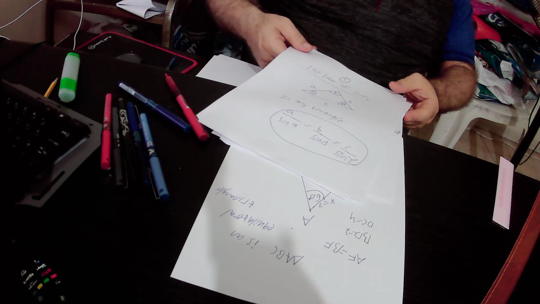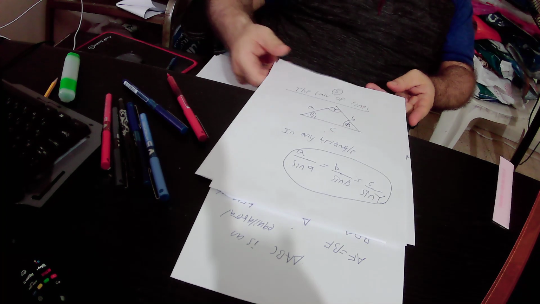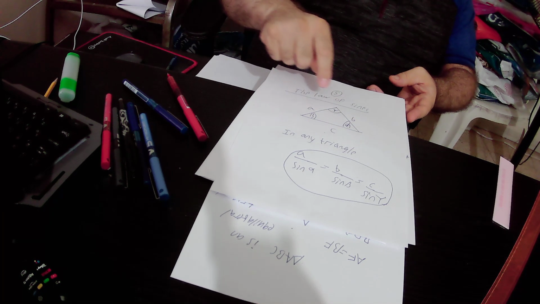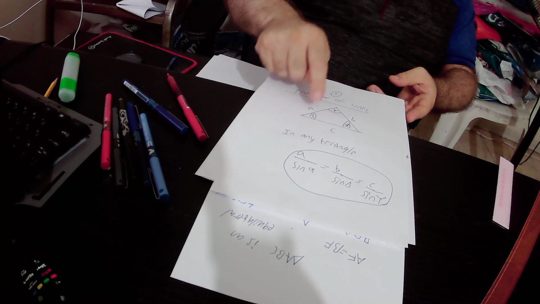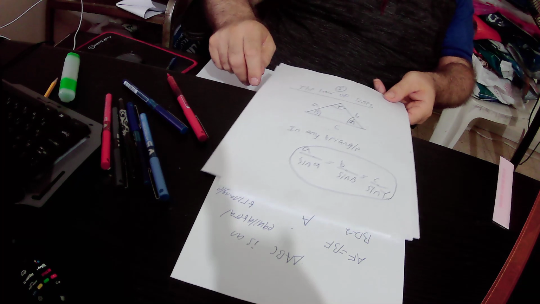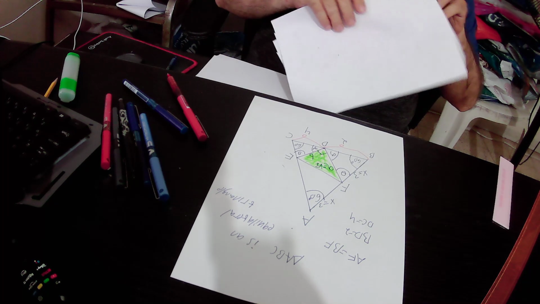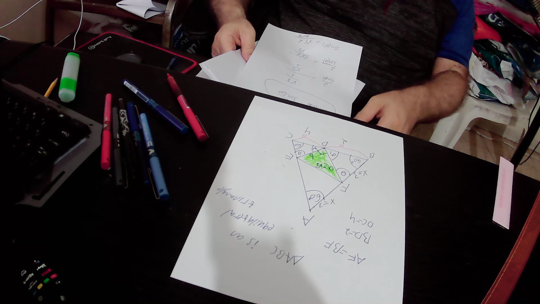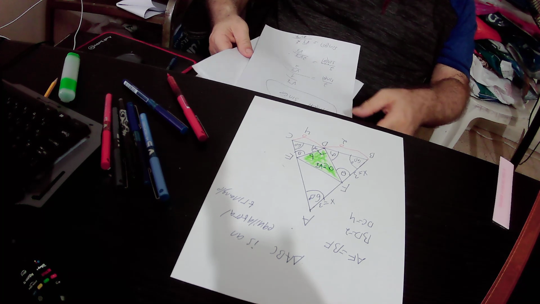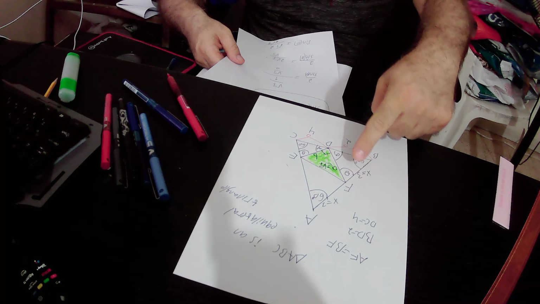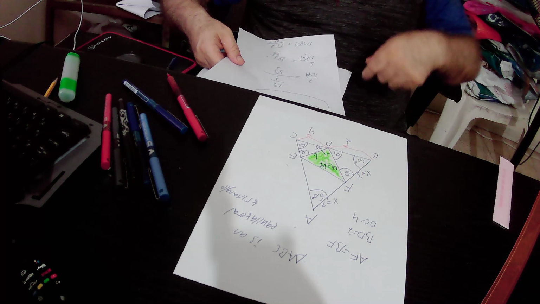In any triangle, A over sine alpha equals B over sine beta equals C over sine gamma. And we implemented the law of sines in triangle BFD in order to find out the value of sine theta.